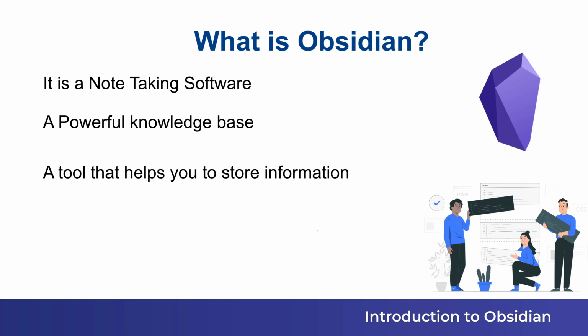And then later on, whenever you need to get back to that specific knowledge or information, you don't go back to the source, which is the book or research paper. You just go to your application, which is Obsidian. That is why we call it a powerful knowledge base. It's where you store your knowledge.